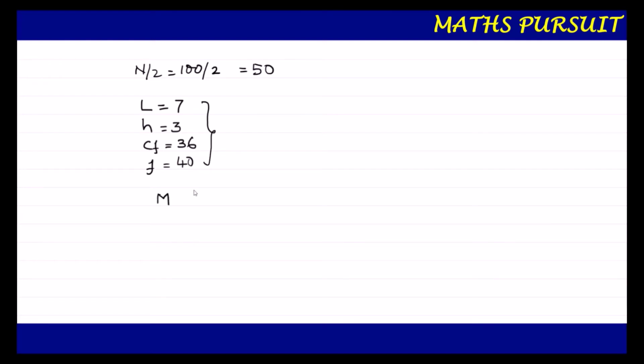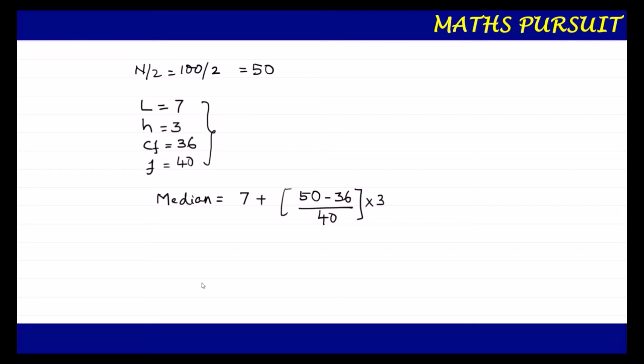So I can write median is equal to L, that is 7, plus n by 2, that is 50, minus cumulative frequency, that is 36, upon frequency, that is 40, into class height, that is 3.